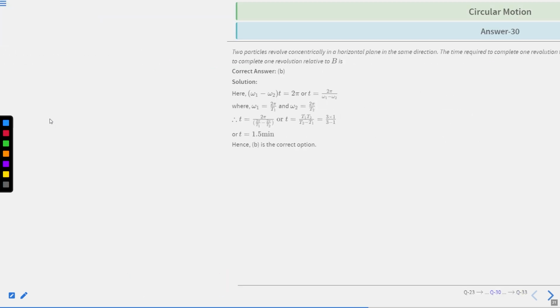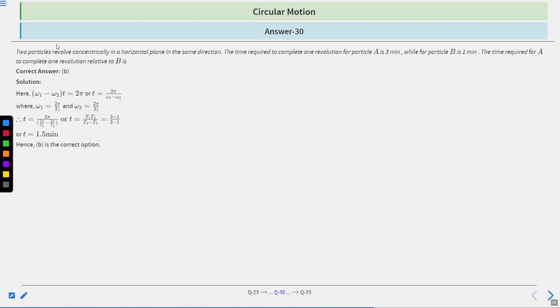Let's find a solution. Here, (omega 1 minus omega 2) multiplied by t is equal to 2 pi, or t equals 2 pi divided by (omega 1 minus omega 2). Omega 1 equals 2 pi upon t1 and omega 2 equals 2 pi upon t2.